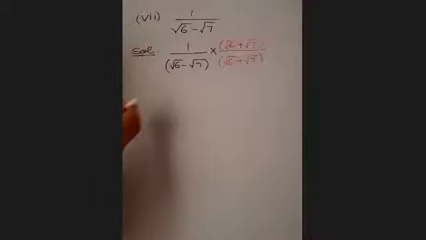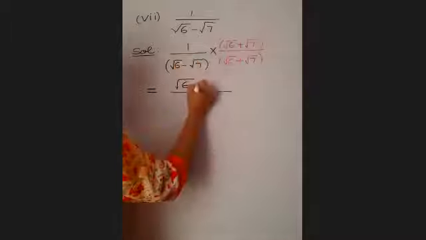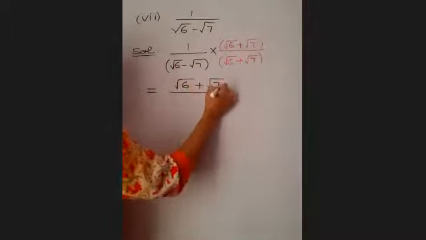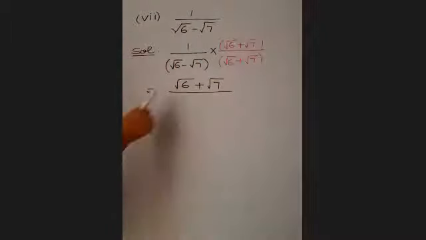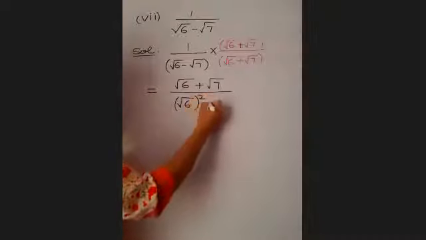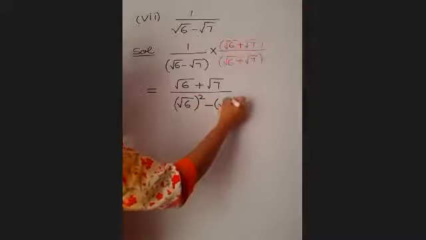So now in the numerator, 1 into root 6 plus root 7 remains as it is. In the denominator, a minus b, a plus b, which is equal to a square minus b square. So we get root 6 square minus root 7 square.